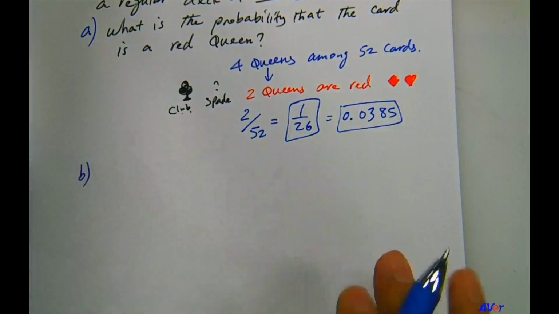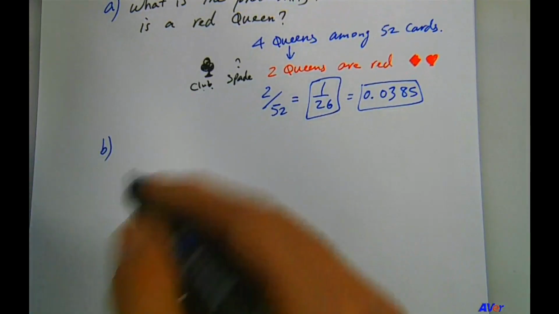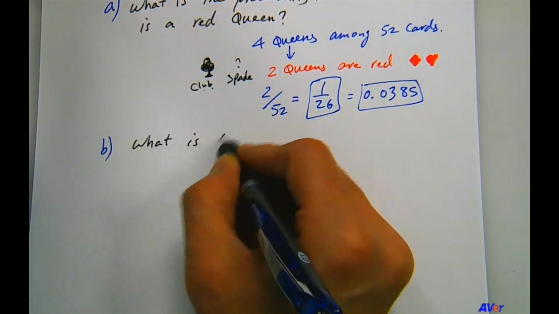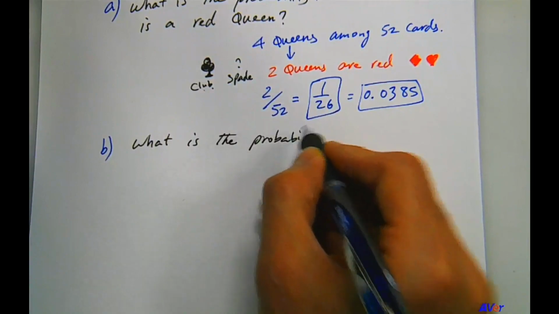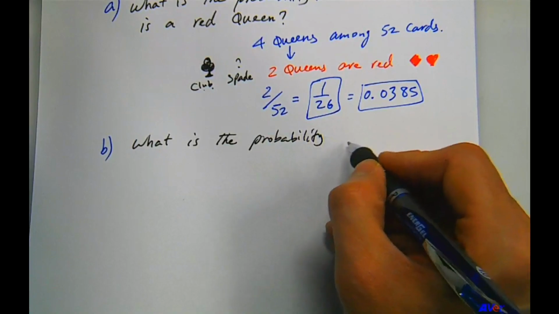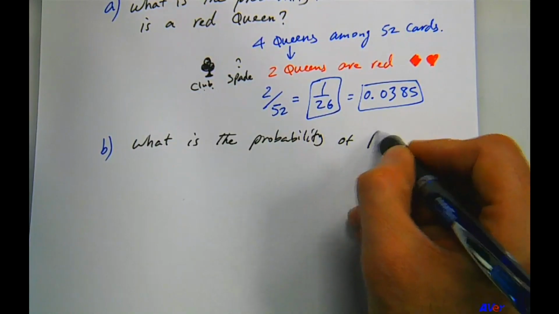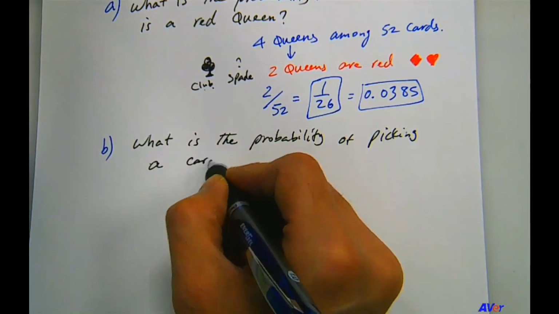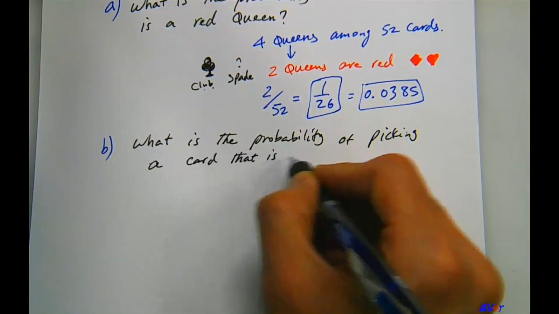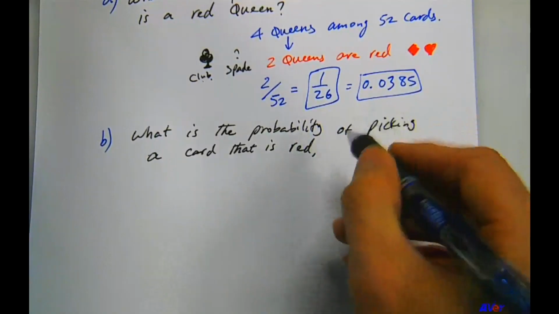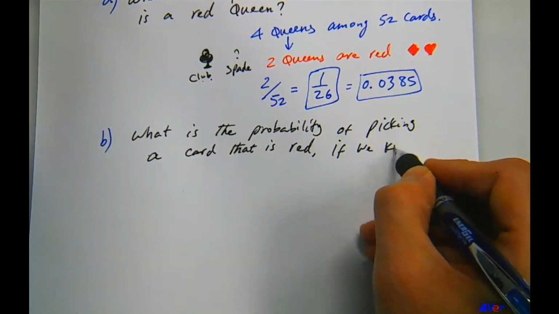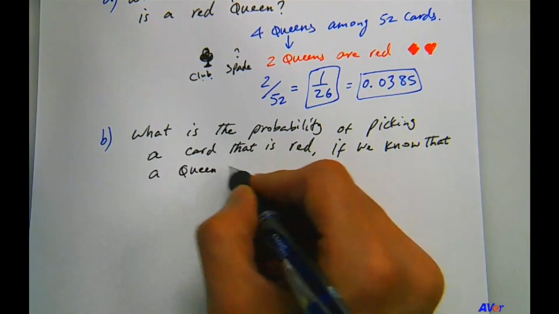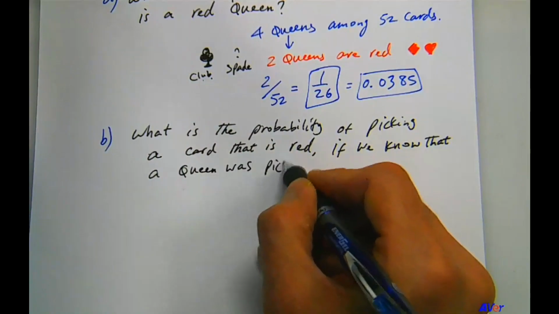Part B, it's asking us to calculate the probability of picking a card that is red if we know that a queen was picked.